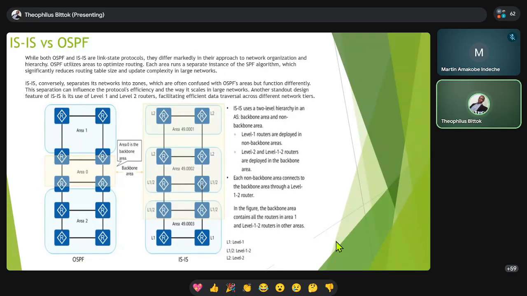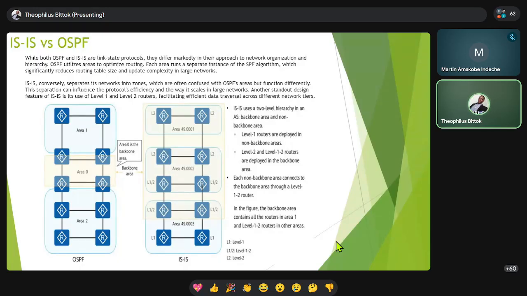If you don't have a direct link to area 0, then you may need to implement aspects like the virtual link. If you don't have the direct link from, let's say, area 1 to area 0, then you may create a virtual link to area 0.